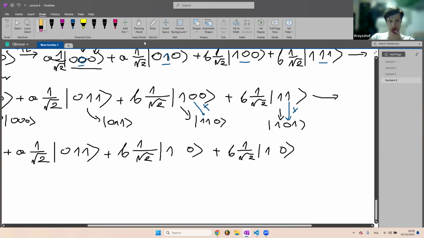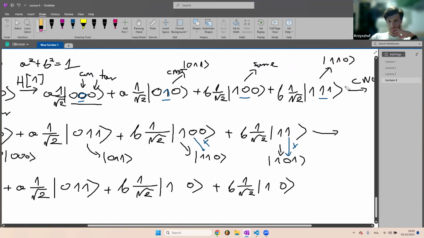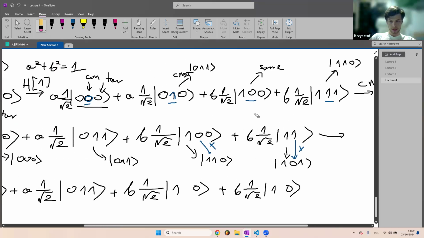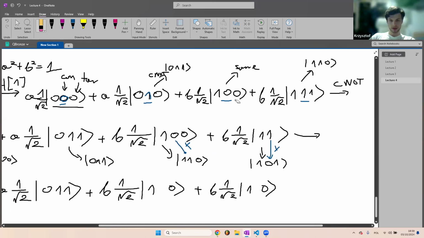This is actually 1, 1. I need to look at my notes. This is 1, 1, after the C not.